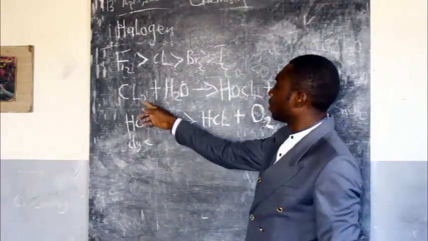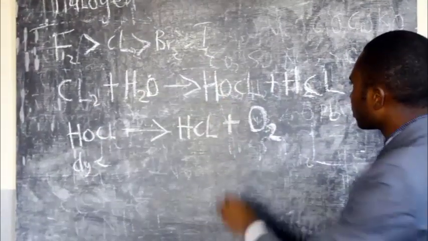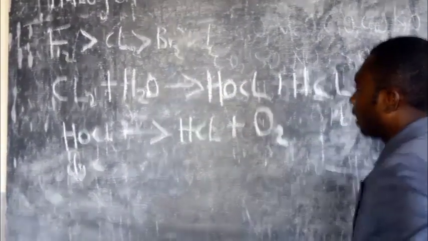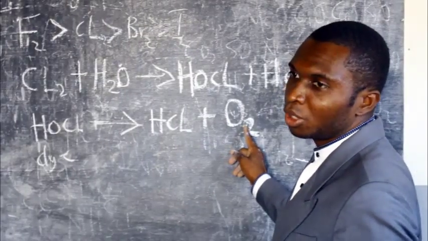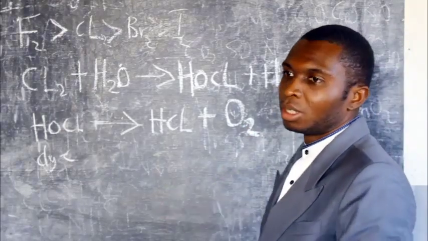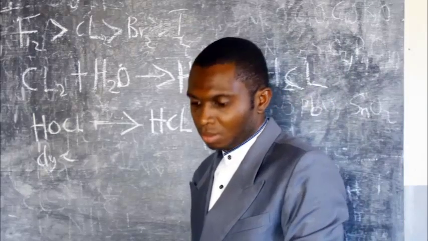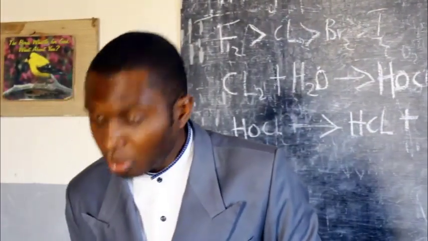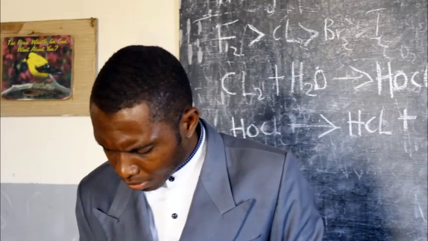Chlorine in water is going to release oxygen. We say that it bleaches by what? Oxidation. So the presence of oxygen will wipe out any dirt or stain on the substance that it wants to bleach. So chlorine bleaches by what? And SO2 bleaches by what?